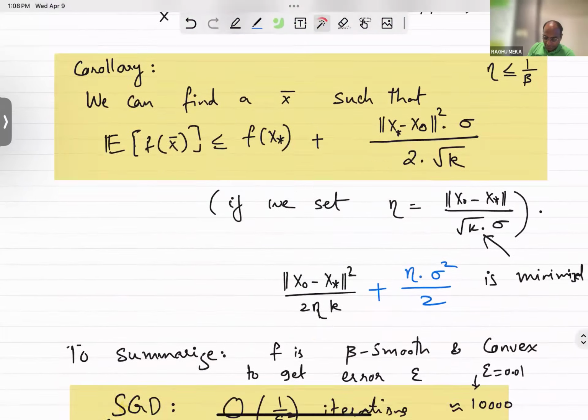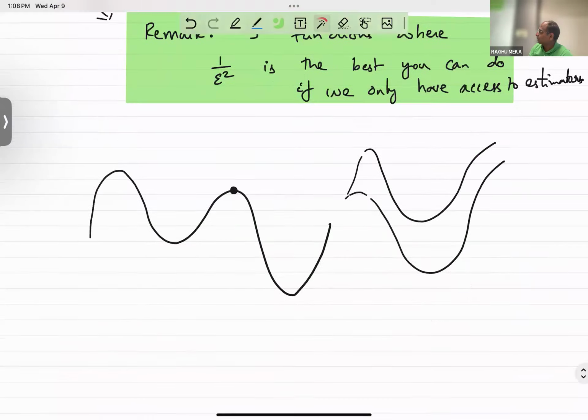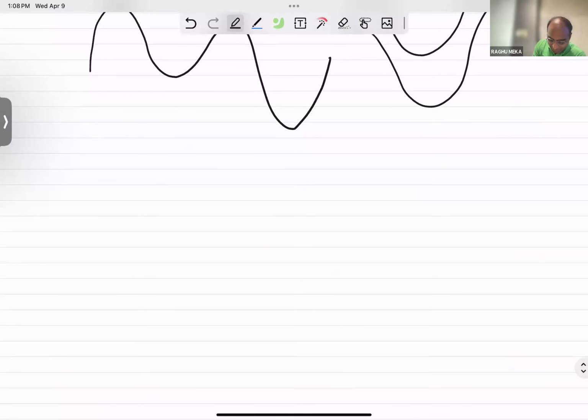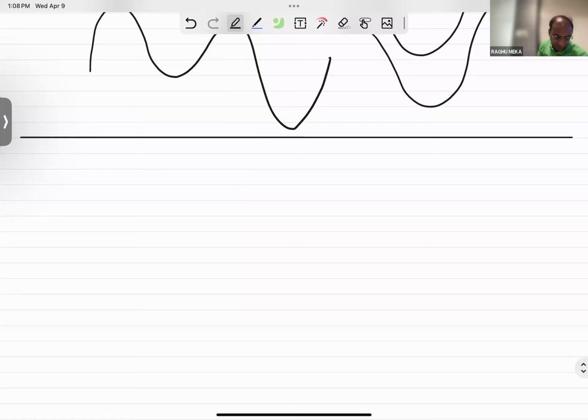All right. So, let's prove this theorem for SGD. And the proof is actually very close to what we already did.